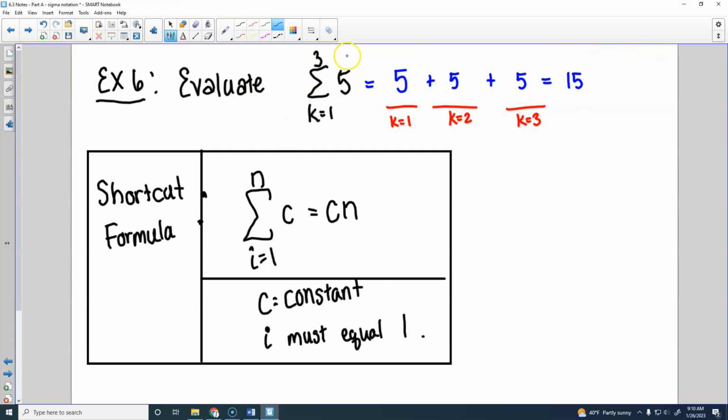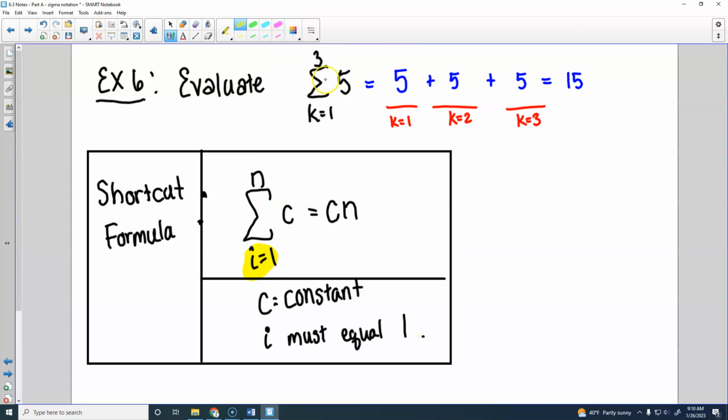the shortcut that you can use here, it is important for these shortcuts that i has to equal 1. If i equals a different number, the shortcut would be different. So if we were going from 7 to 10, my shortcut would be different than going from 1 to 10. So all these shortcut rules are for whenever i equals 1. So if C is a constant, then the sum from 1 to n of C is just going to be C times n.